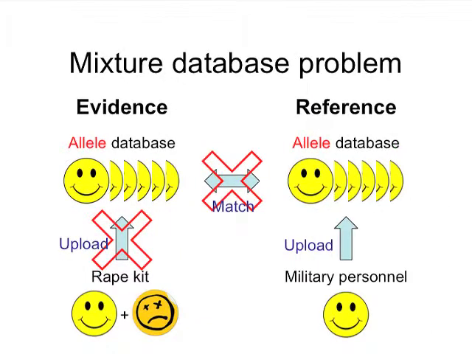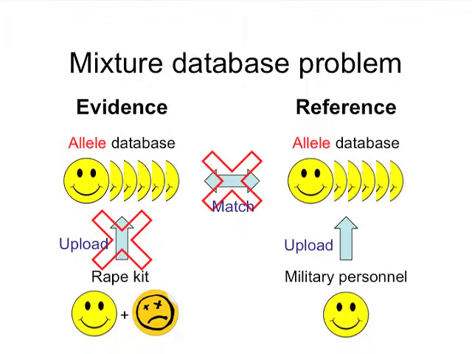And this problem extends to mixture databases. While it's certainly possible, on the right side of the picture, to build a reference database of all military personnel, making that comparison using alleles, just the lists of peaks, is not workable in databases such as CODIS, which is the FBI's database, because you're not working with genetic types.